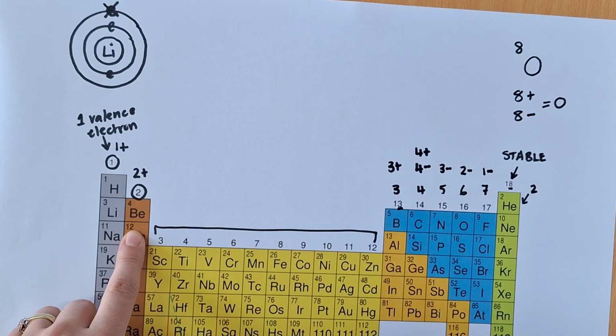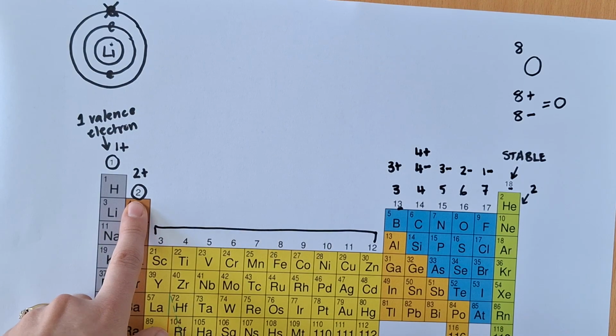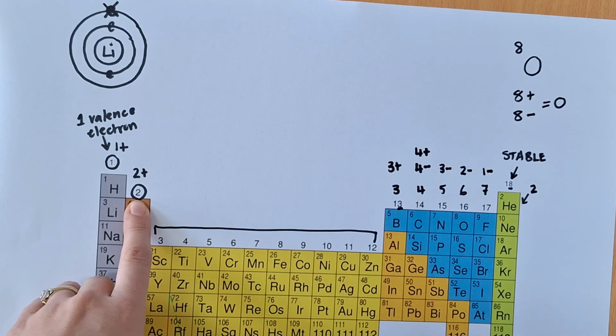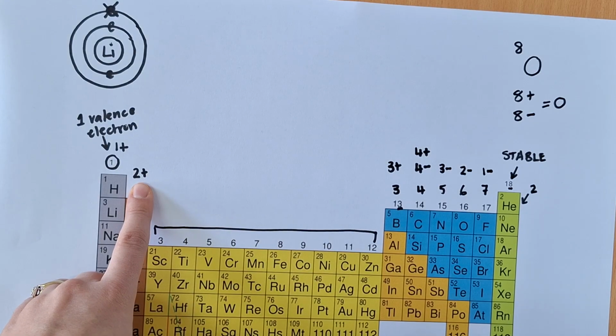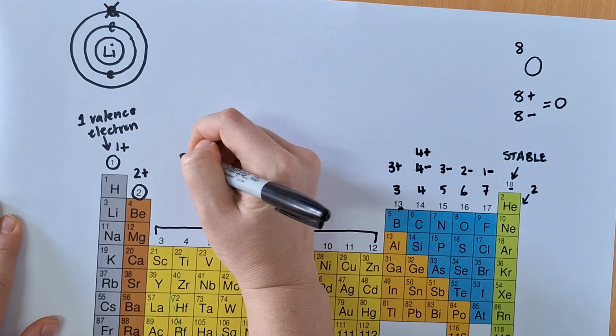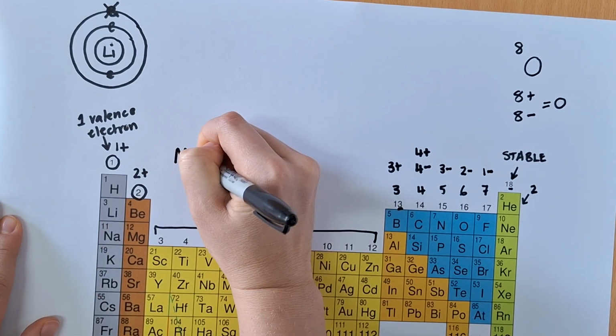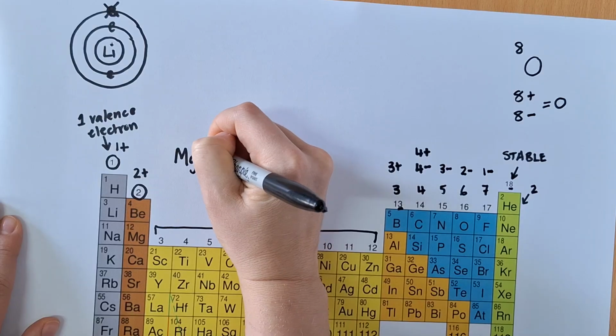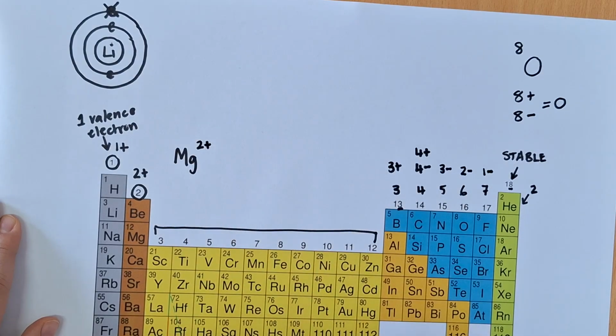It has 12 electrons in total, 2 in the final shell. It's going to get rid of those 2 electrons, so it will form a positive ion with a charge of 2+, and I would write that symbol like this. Capital M, lowercase g, with the 2+ up above it.